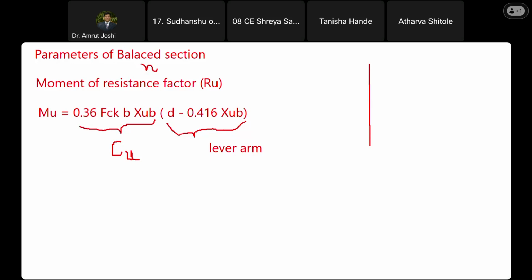Let us say the cross section is rectangular cross section. It looks something like this, and that cross section, when viewed from the side, looks like a line. So I have drawn that.